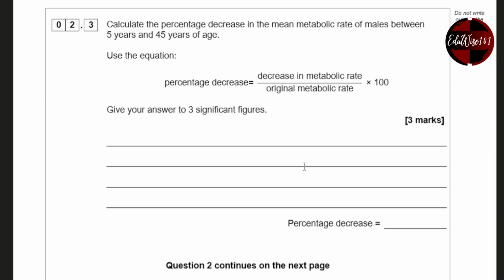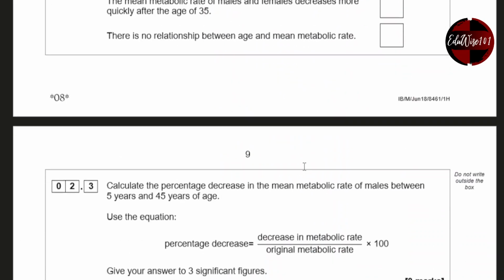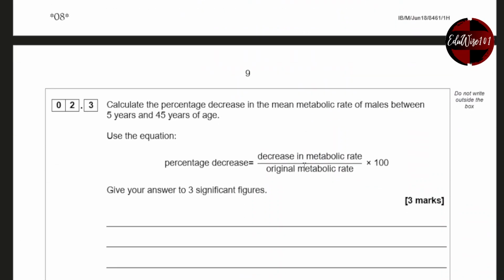Calculate the percentage decrease in the mean metabolic rate of males between 5 and 45 years of age. Decrease in metabolic rate: it went from 53 to 36. So it went down by 17.